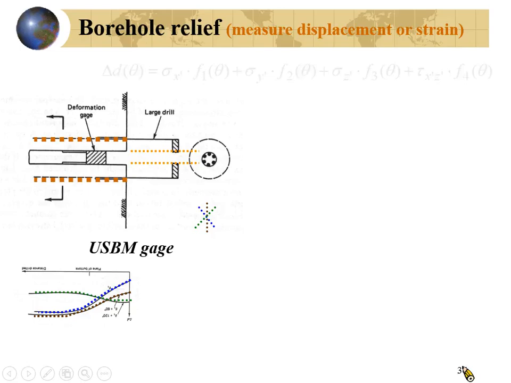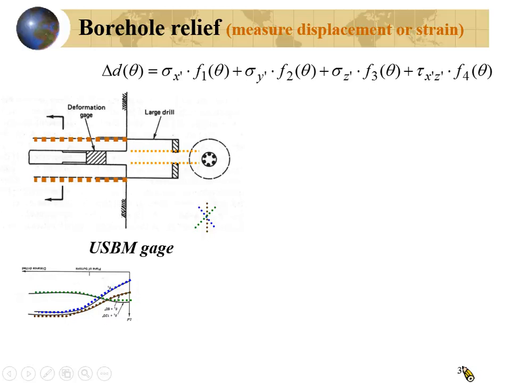Okay. It will be a little bit compressed, but the delta d theta will be the displacement in this direction, and in this direction. So the theta will be different for these three lines. Okay. So the displacement after you relieve the stress will be a function of the stress you measured.